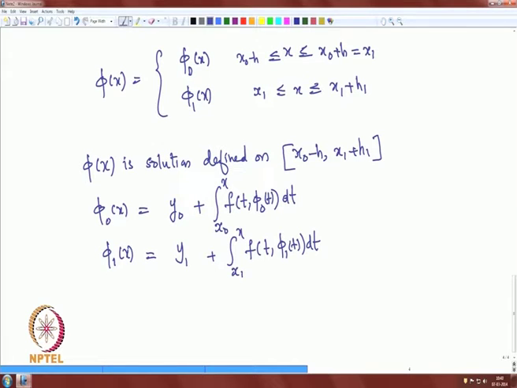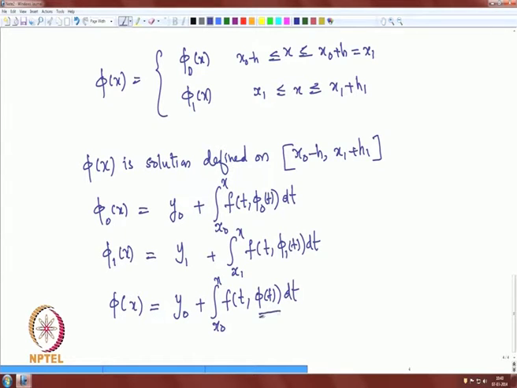Right, and if you combine these two, phi x is equal to the solution starting from y 0, y 0 plus integral x 0 to x f of t, phi t dt.